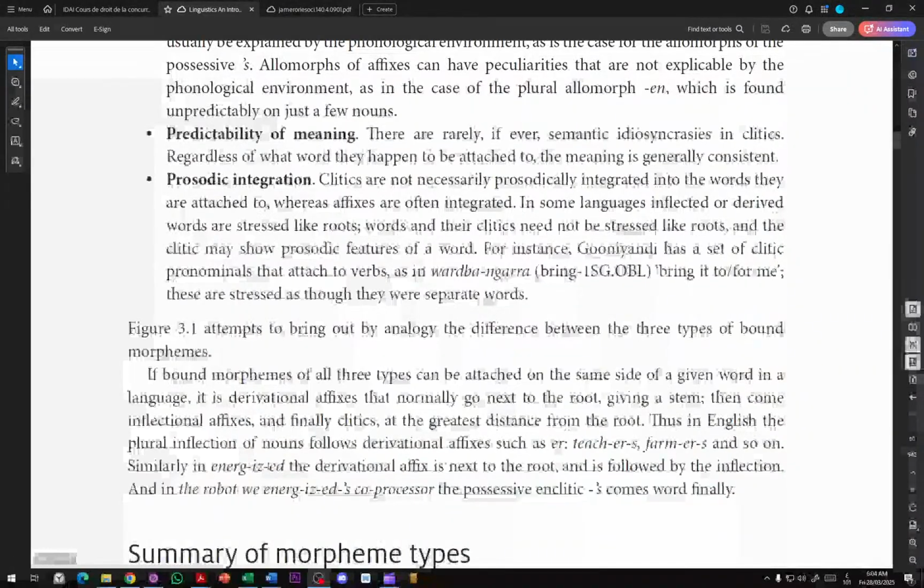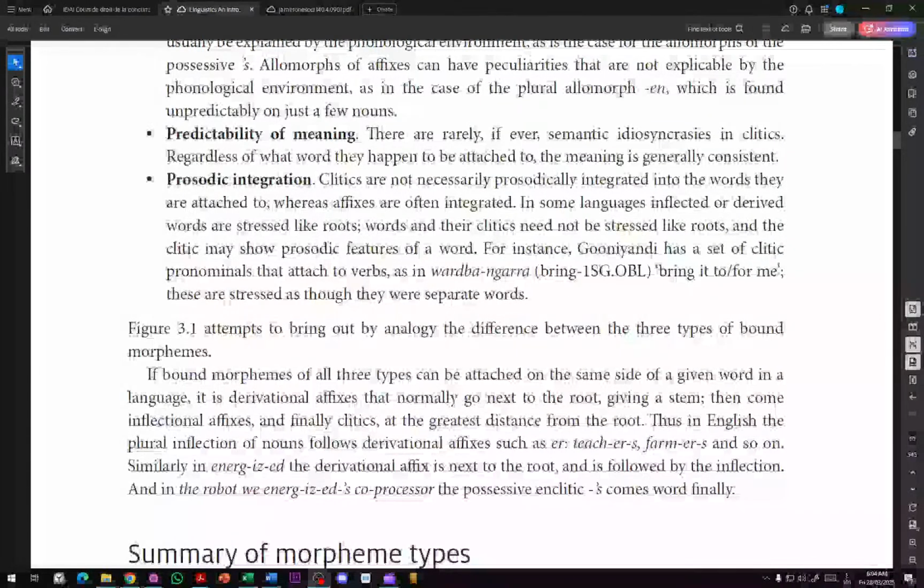Similarly, in energized, the derivational affix is next to the root and is followed by the inflection.